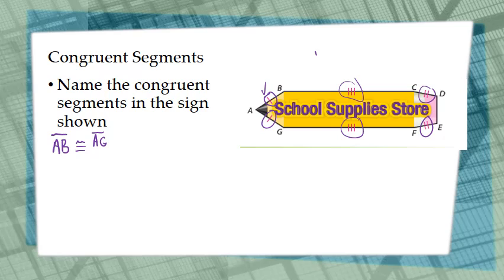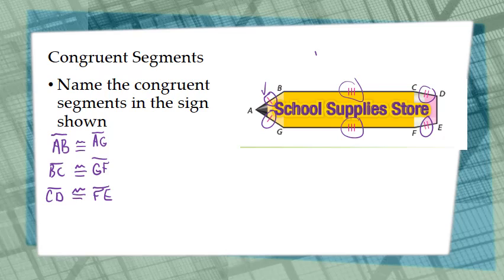Then we can say that segment BC is congruent to segment GF. And lastly, segment CD is congruent to segment FE. All right, there we go.